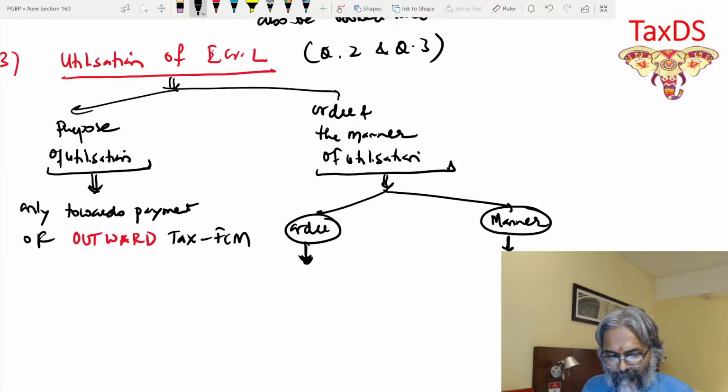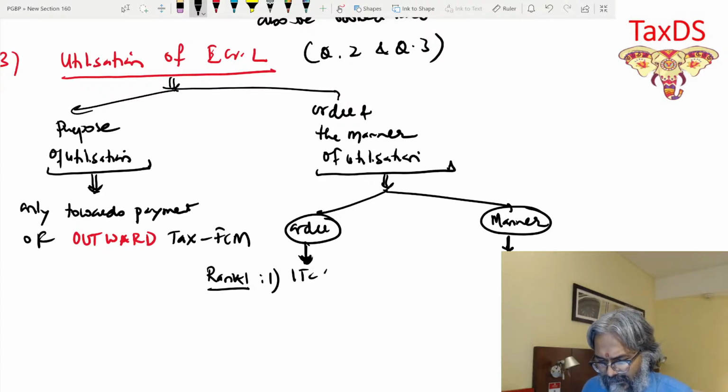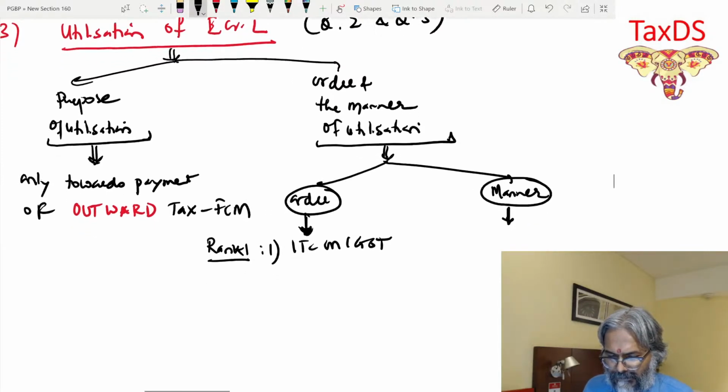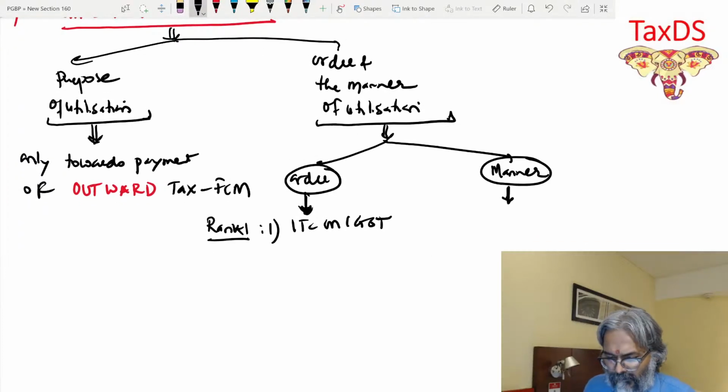So, students, in the context of the ranking, the order of utilization, you always have to exhaust first. This we have also done in the first topic, if you can recall. So rank 1, as you know, first you have to always exhaust the entire ITC on IGST. Leave some space, then write rank 2.